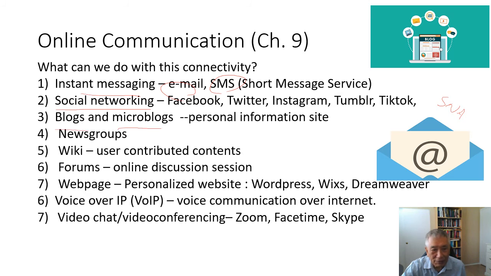Then there are blogs, microblogs, newsgroups, and Wikipedia. A wiki is where everybody contributes. Wikipedia is a good example, but there are many other wikis where people contribute content, and if there's any error or something needs an update or improvement, they can contribute.